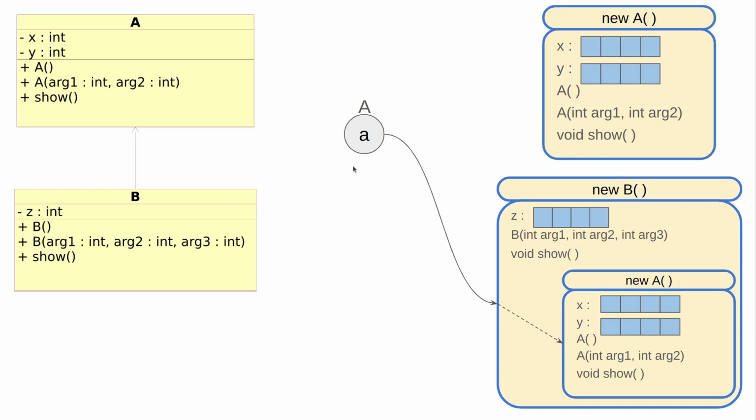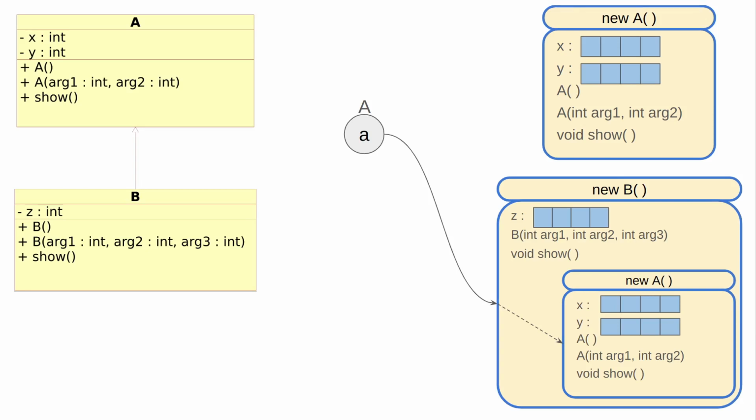If this reference variable calls show, what will happen? It causes the subclass version, that is the overridden version, to be invoked. So this is actually called dynamic method dispatch. Which method definition is to be executed is resolved during the runtime, not during the compile time.